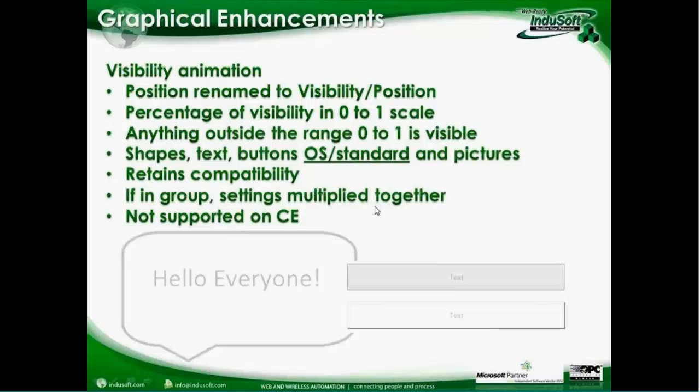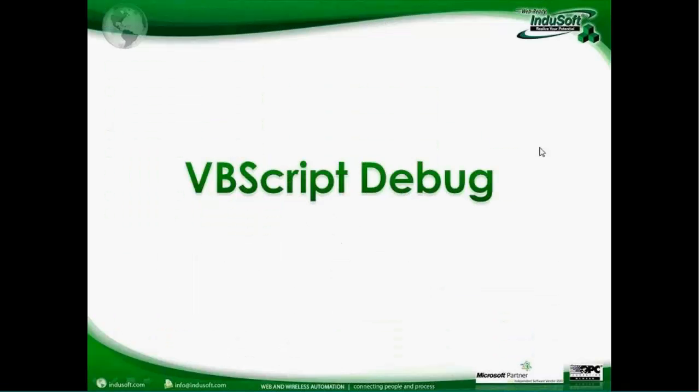So for example, if you have one of 3 objects in a group that has transparency applied to it, you group it, and then apply transparency, or I should say visibility, to the entire group. Those 2 values will be multiplied together, and the objects within that group will take on that level of transparency. This is not supported by CE or embedded as well, but we think these new enhancements are going to greatly improve what you can do with the applications.